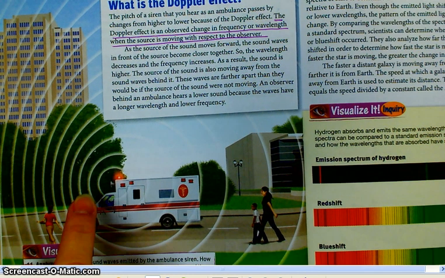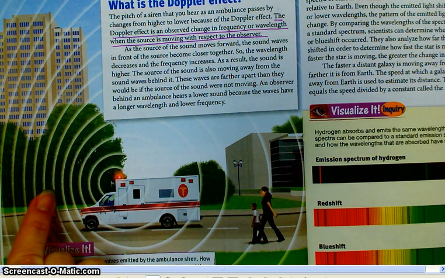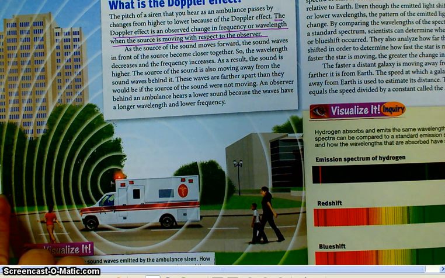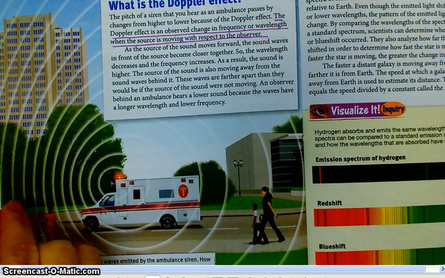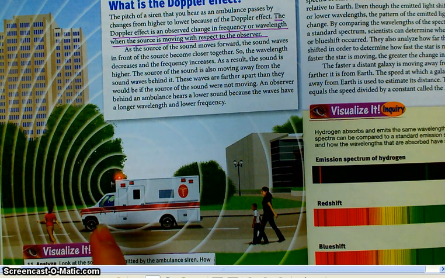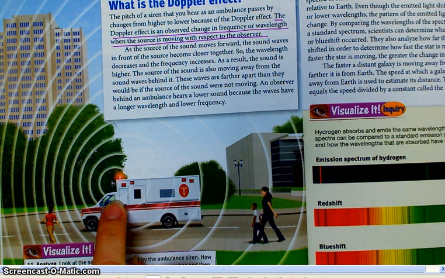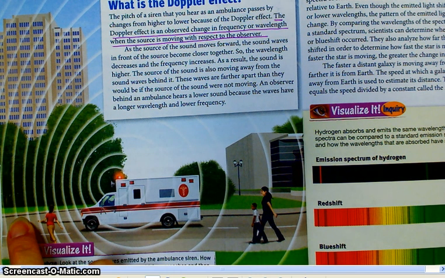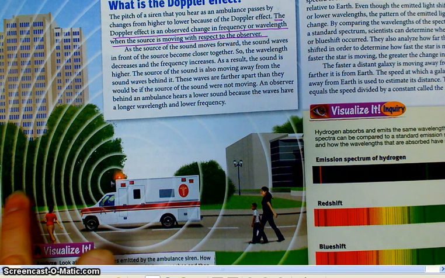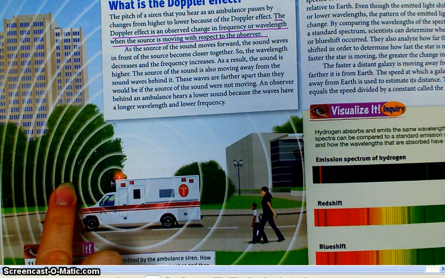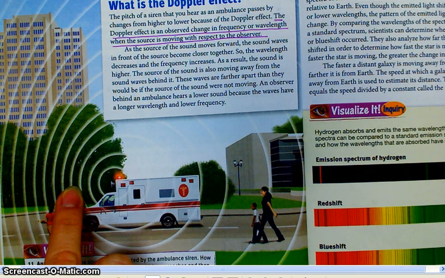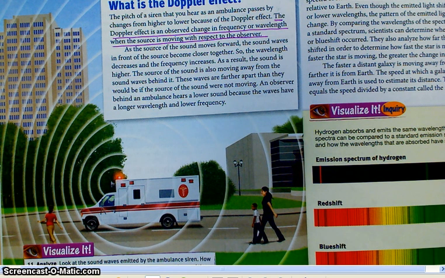And the sound waves that are emitted out in front of the ambulance are compressed and are closer together. Their wavelengths are shorter because the object that's emitting those is also moving in that direction. So they kind of get squished up together. So the wavelength here is shorter. And for sound waves, shorter wavelengths are interpreted by your ear as higher pitch.